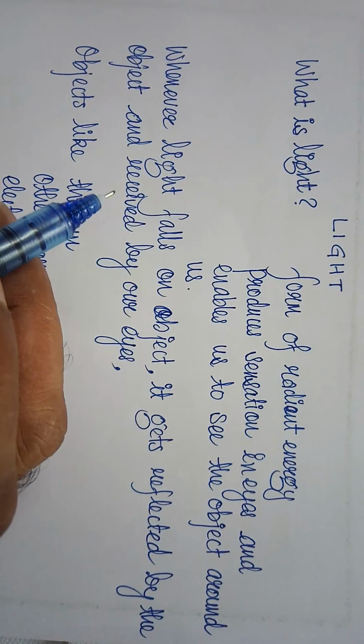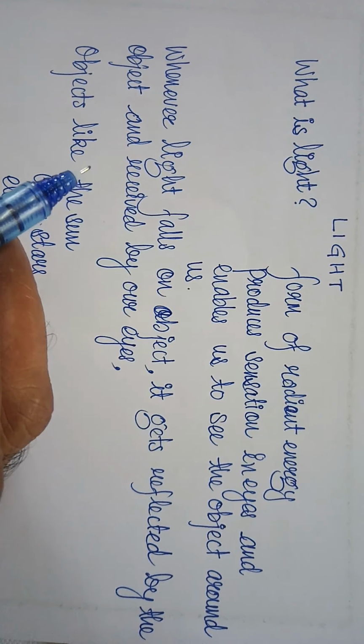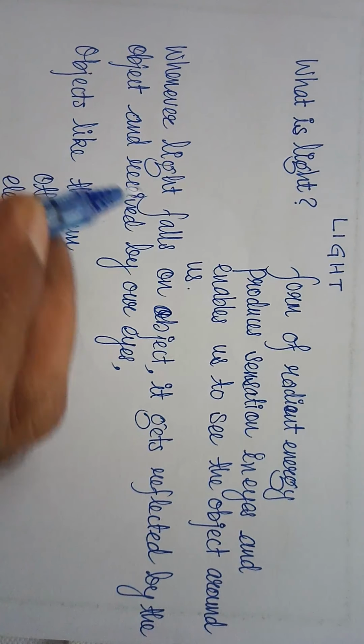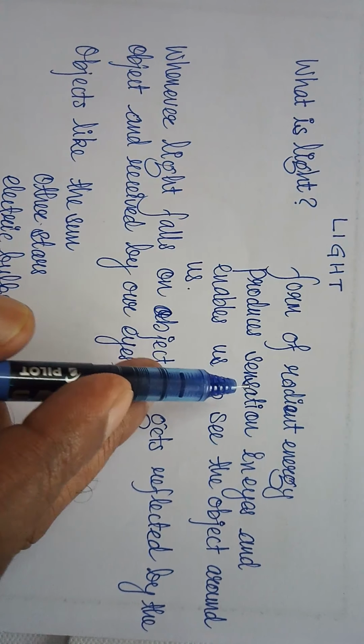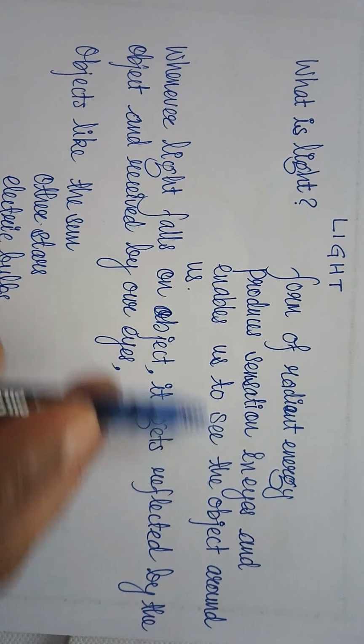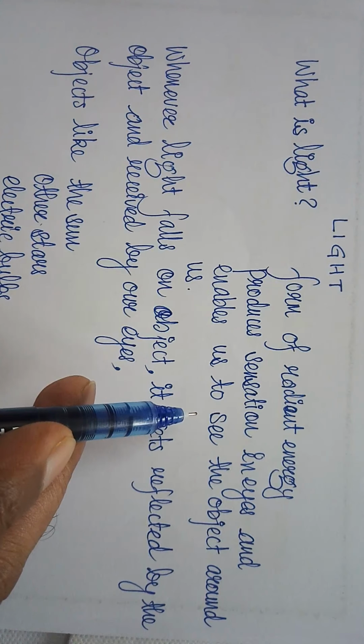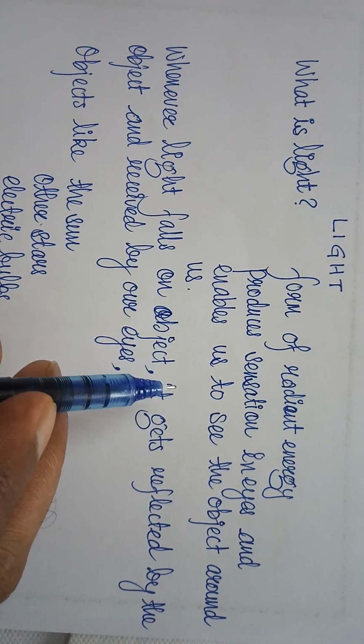So we will define what light is. It is a form of radiant energy which produces sensation in our eyes and enables us to see the objects around us.